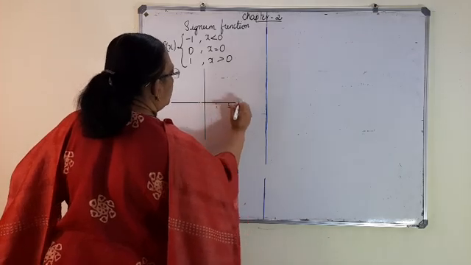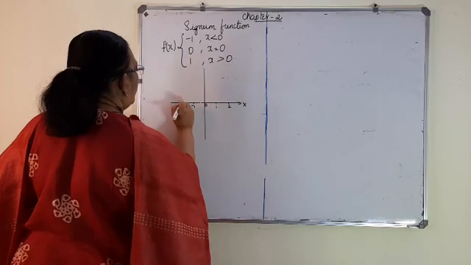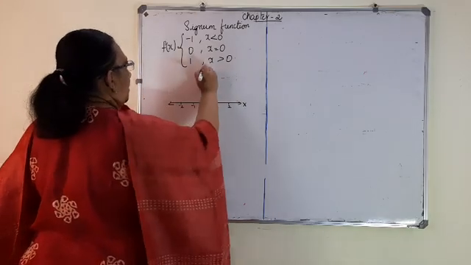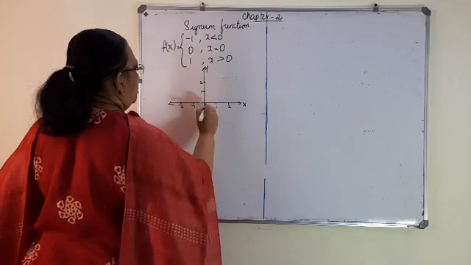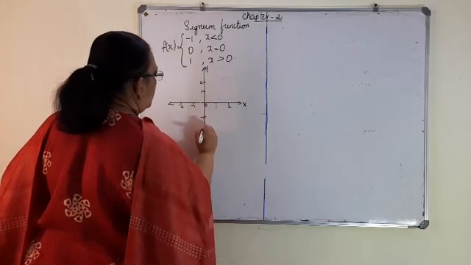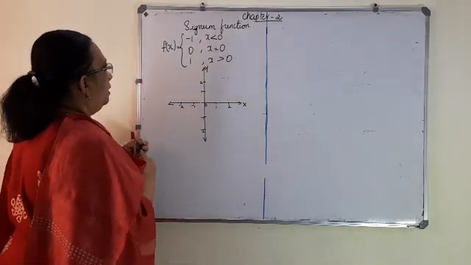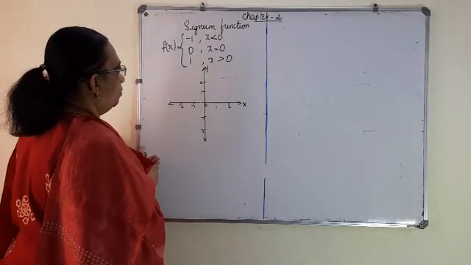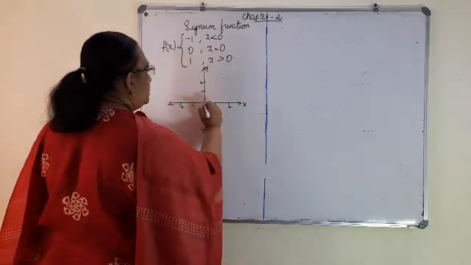On the x-axis, 1, 2, 0, minus 1, minus 2, and on the y-axis 1, 2, minus 1, minus 2. So, what are the points? First, when x is equal to 0, it is equal to 0.